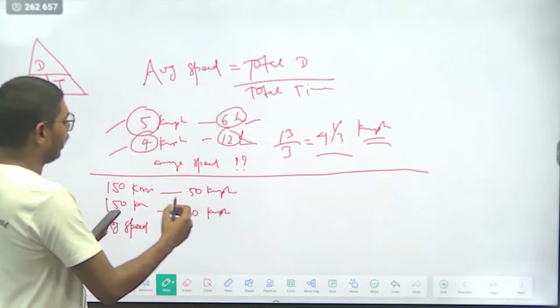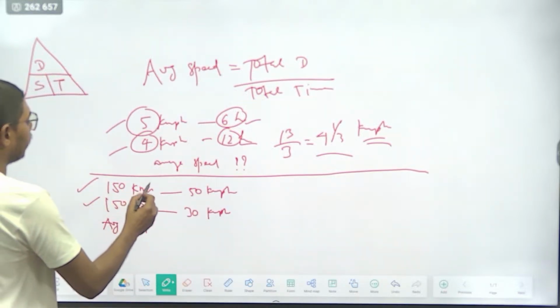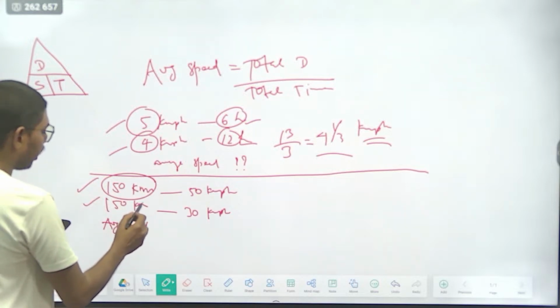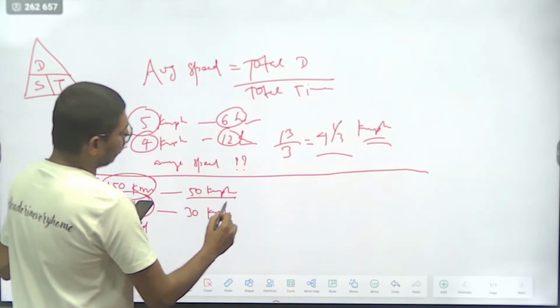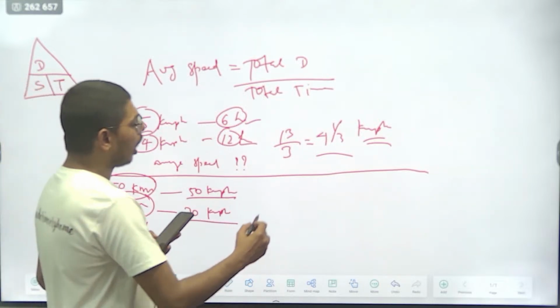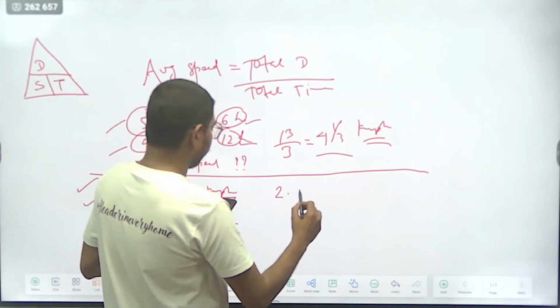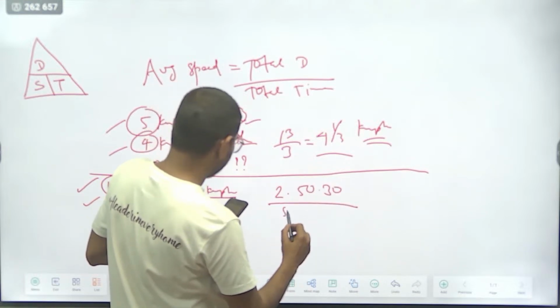And over here, there is an observation that if distance covered is the same, then the average speed is the harmonic mean of these two numbers. Harmonic mean, how do we find? 2ab by a plus b.